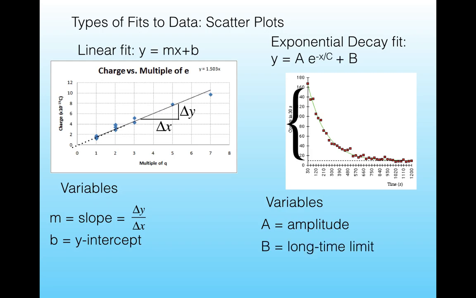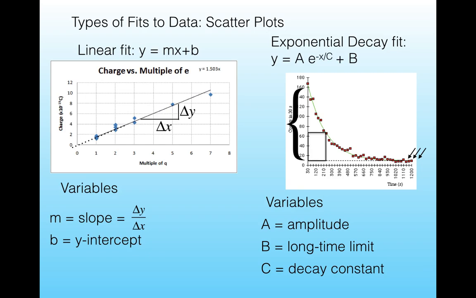That long time limit or that long asymptote at large x, the independent variable, is b in this case. And then c, which you can see at the end of the plot with these arrows, is the decay constant for this exponential decay. It is the characteristic decay constant for this plot, which is falling off.